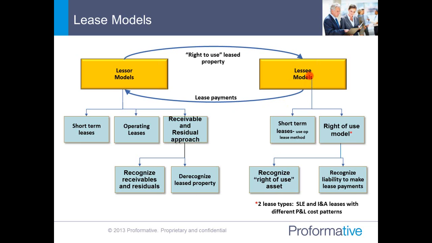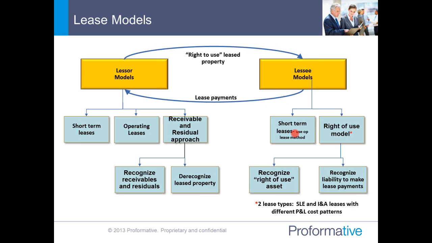I'll talk about that on the lessee side of things here. The lessee models, there'll be an option to account for short-term leases using the operating lease method, and short-term leases, there's a precise definition. It's leases with a term of 12 months or less without the option to renew.